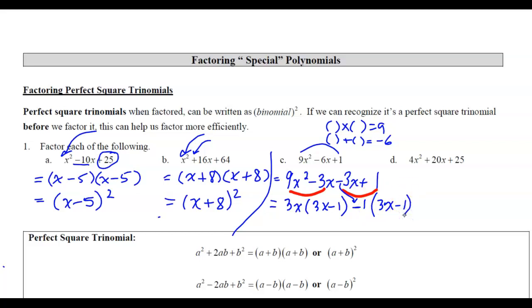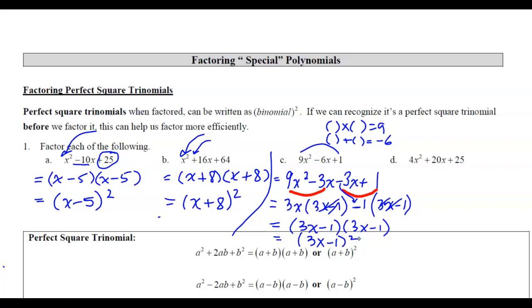If you have 3x plus 1, then you did something wrong, right? So then your common factor is 3x minus 1, and you're left with 3x minus 1, which is a repeated factor. That's the long way, but that's the mathematical way of doing it.